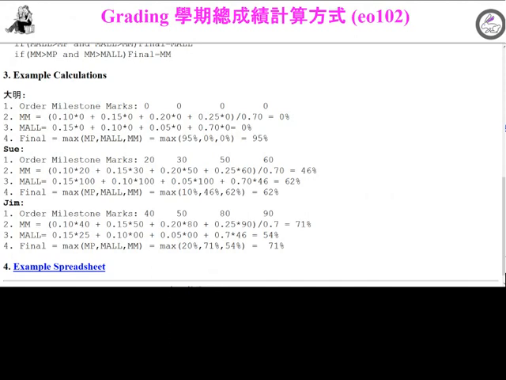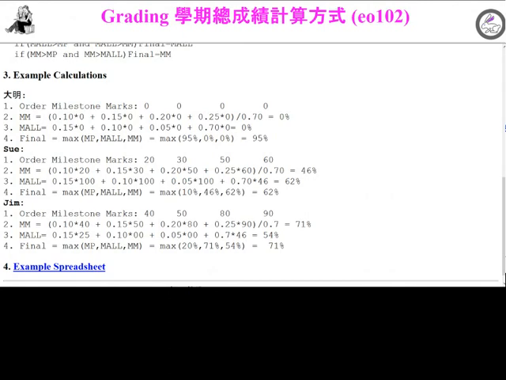Our third student is Jimmy. Again, let's order the milestone marks: 40, 50, 80, 90, from smallest to largest. We then calculate MM, which gives us 71% out of 100.